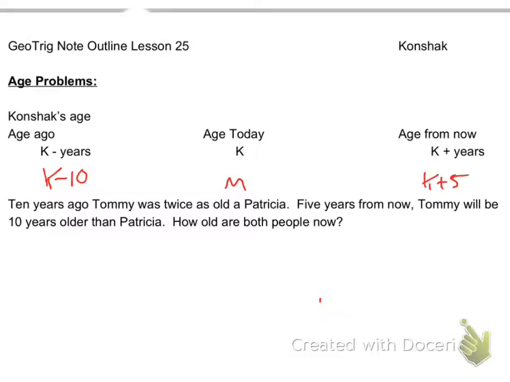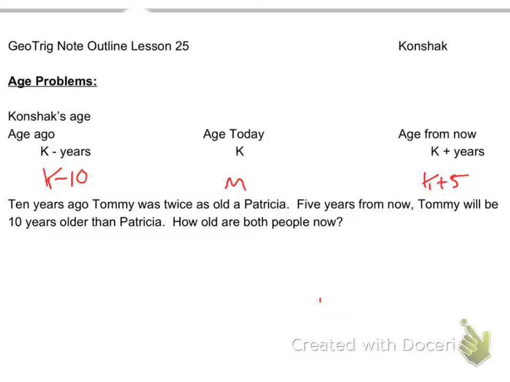So look in our problem. Here's an example. We have Tommy and we have Patricia. And it says 10 years ago, Tommy was twice as old as Patricia. Now when we do these problems, I am going to assume we're comparing everything based off of their current age. So, Tommy's age now, we're going to call T. Patricia is going to be called P. So it says 10 years ago.